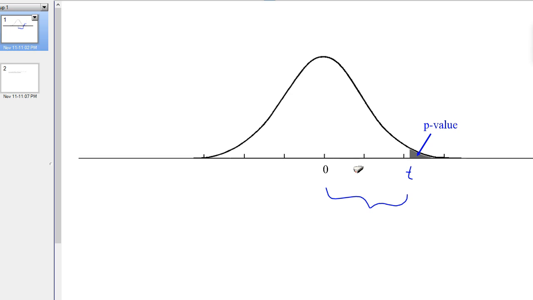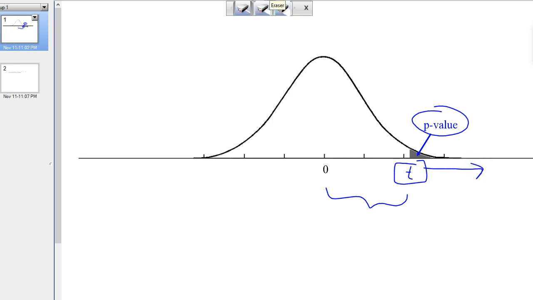So the further we are away, the less likely it is to see what we're seeing or anything more extreme, which is where the p-value comes in. The p-value is the probability we saw what we just saw in our sample or anything more extreme than that.